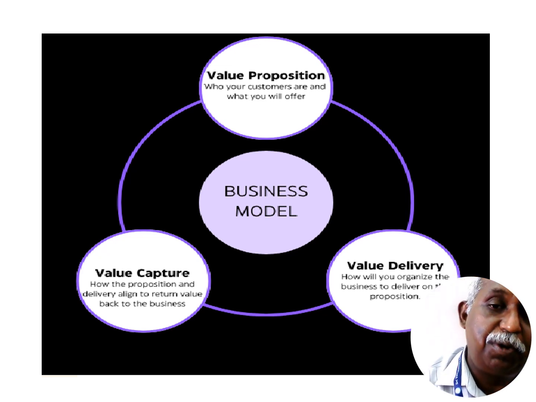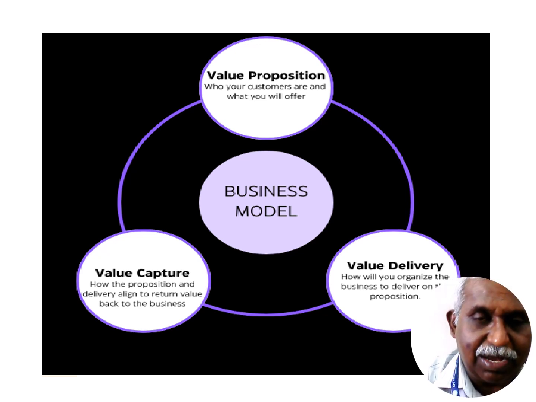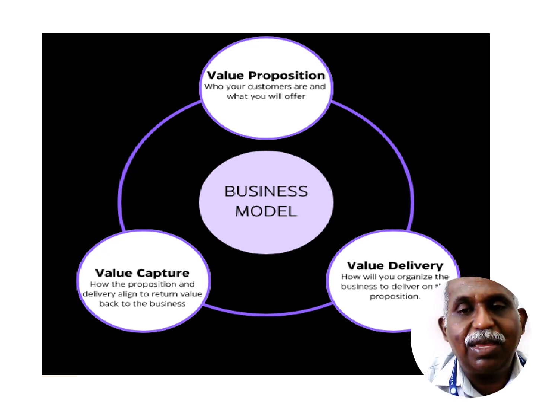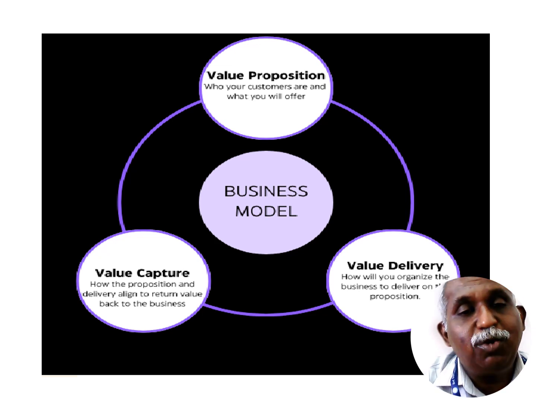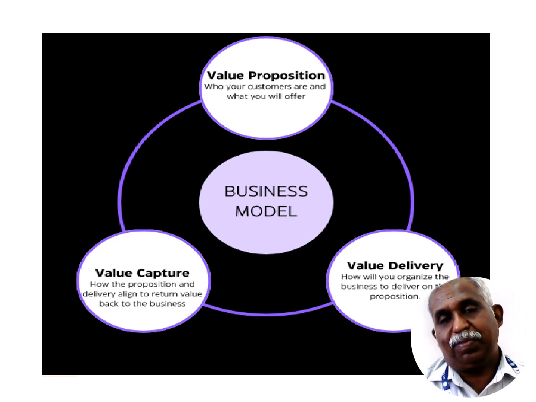The customer segment is huge here, but is it possible to deliver with less than 2 lakhs, given the cost we need to give the stability of the car, everything? Is it possible? Then value capture: how the proposition and delivery align to return value back to the business.